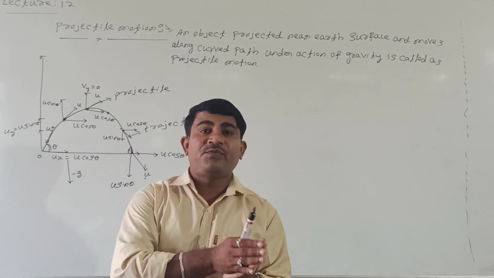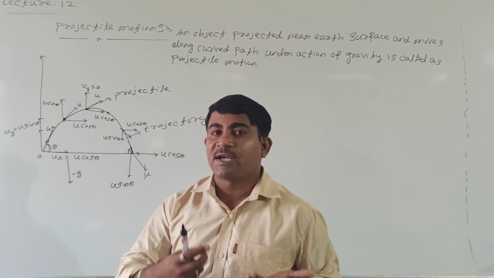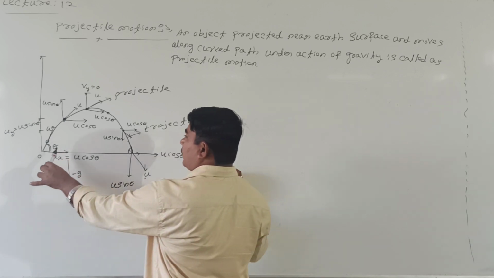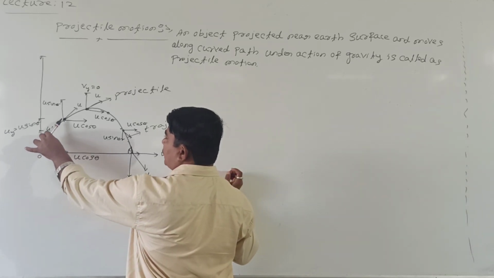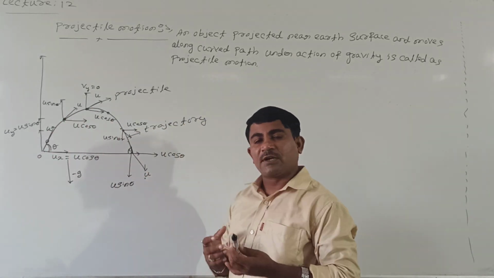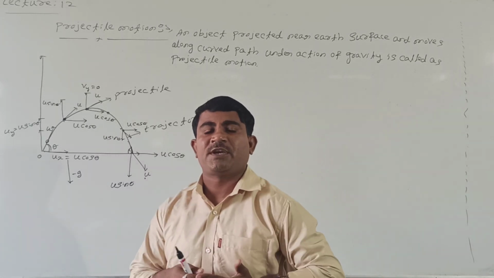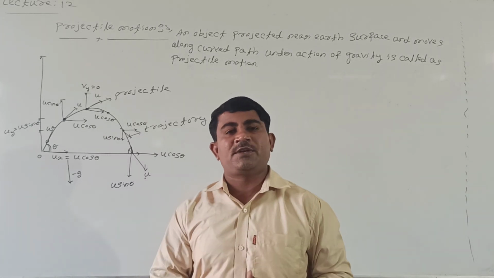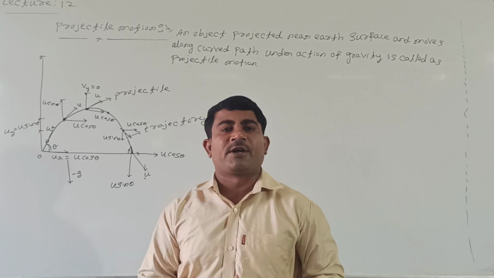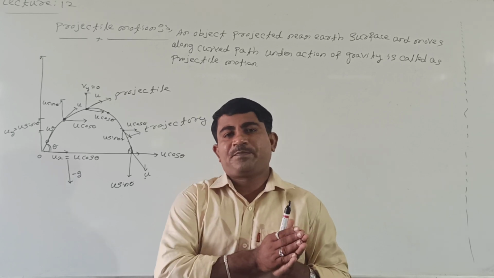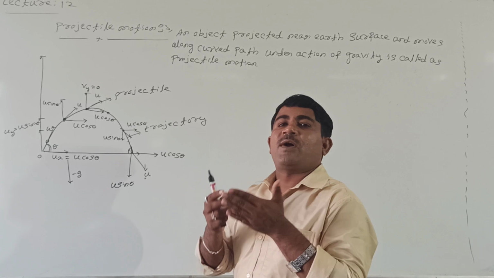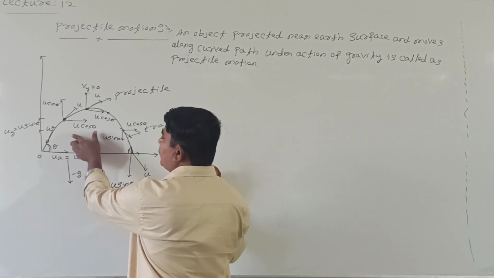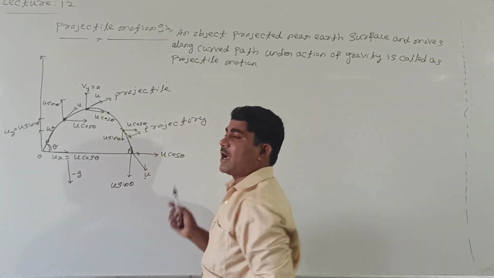The quantities are, when the projectile goes from this point, gradually the vertical velocity will decrease, displacement will change, the angle of projection will change, so many physical quantities will change. Now students, let us discuss the components of the velocity, u cos theta and u sin theta, how they will change.